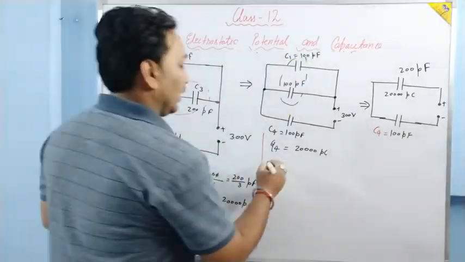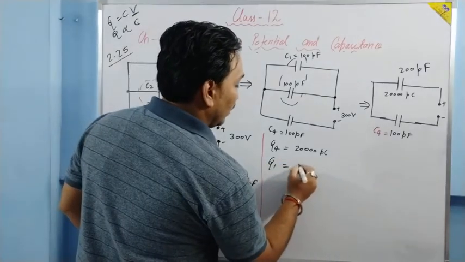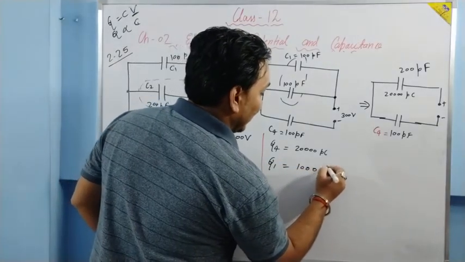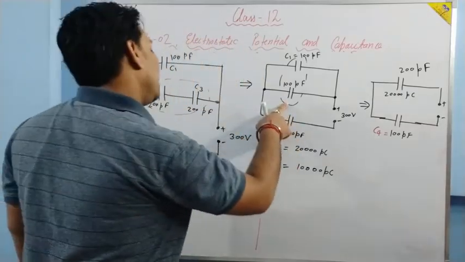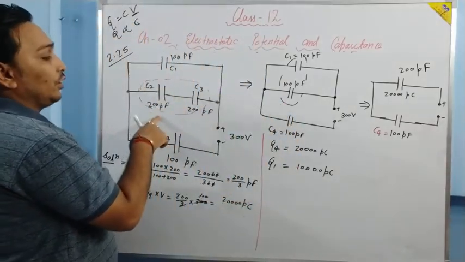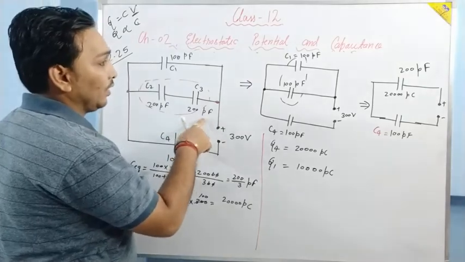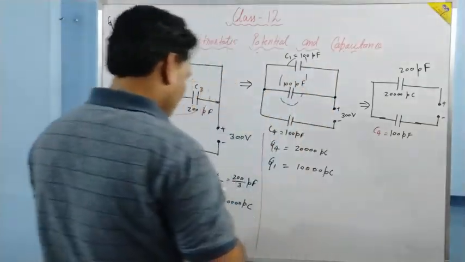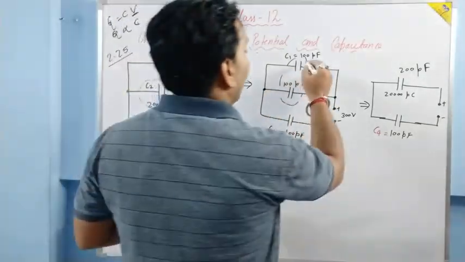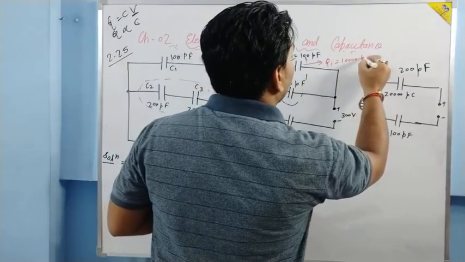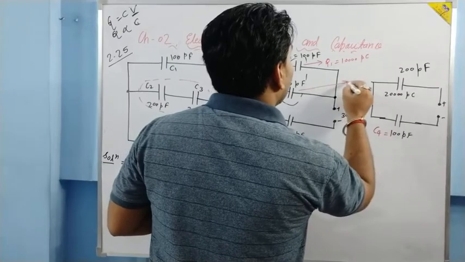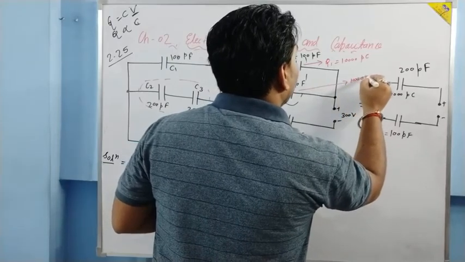So Q1 will be 10,000 picocoulomb, and this 100 picofarad, which is basically the combination of 200 picofarad and 200 picofarad, will also have 10,000 picocoulomb.